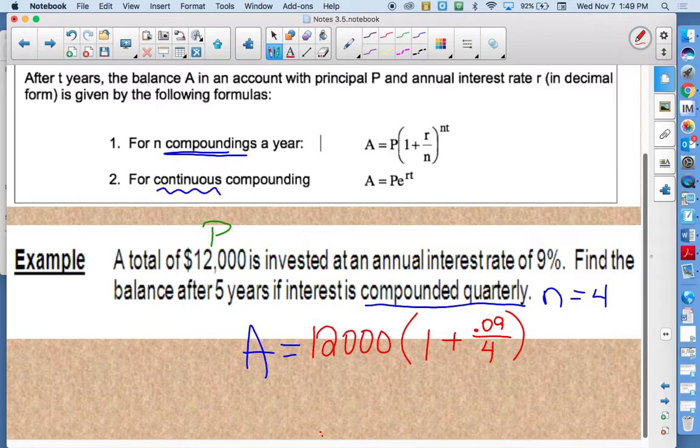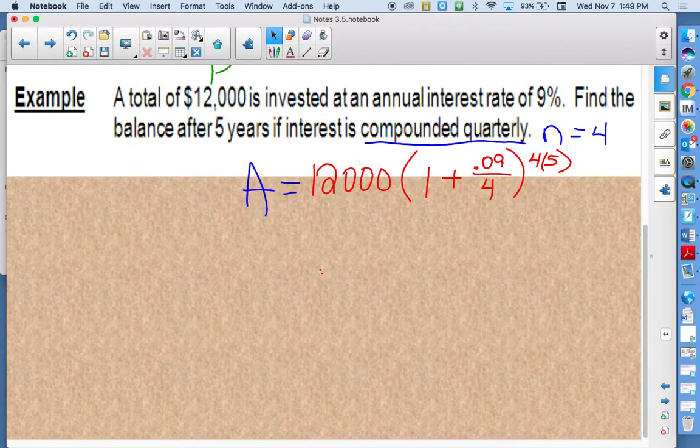So that 0.09 is for the whole year, but we're dividing it by 4 because it's going to happen 4 separate times throughout the year. And then you're taking n, the number of times, which is 4, times t, because it's 5 years. So really, you are earning interest 20 times throughout that 5-year period. So that's what that actually means.